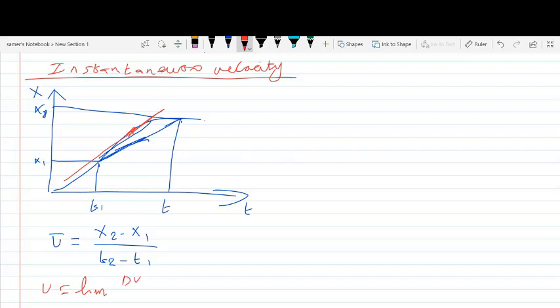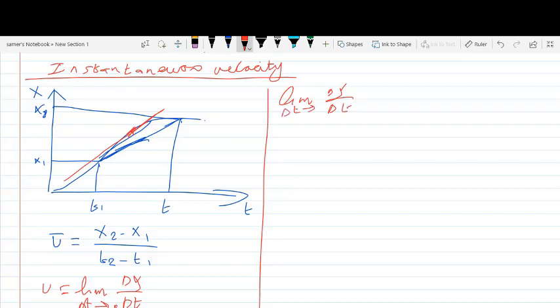and we describe this as the limit of delta x over delta t as delta t approaches 0, or mathematically calculus tells us that we can write the limit of delta x over delta t as delta t approaches 0 as dx by dt, the first derivative of the position with respect to time.